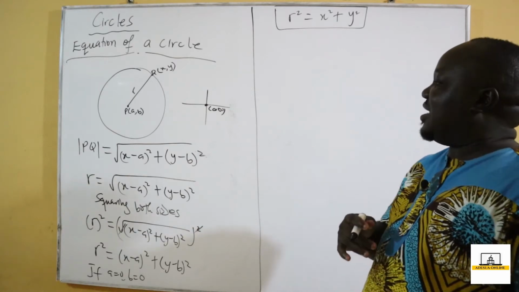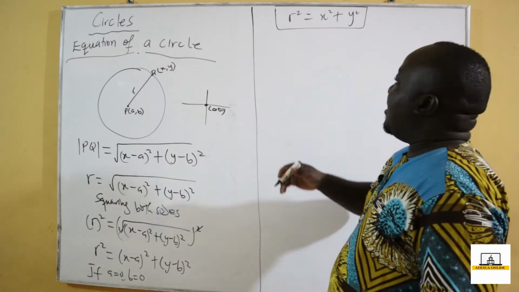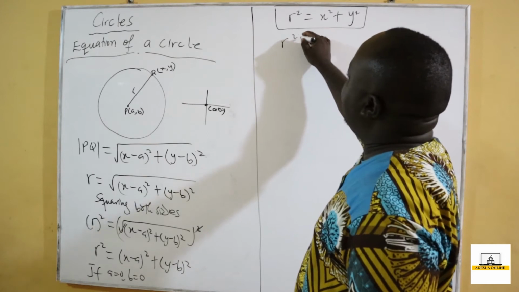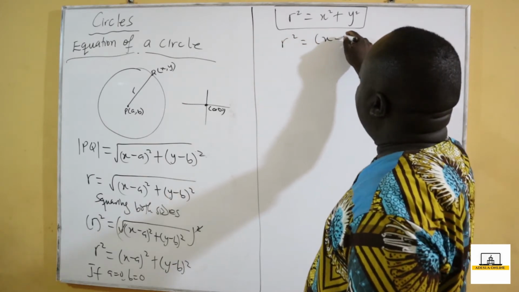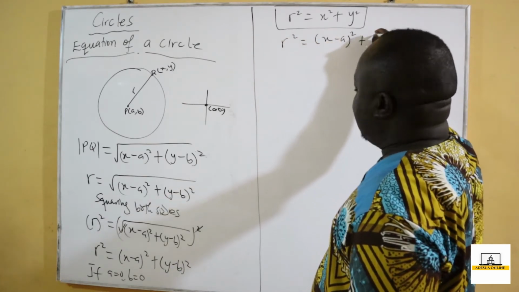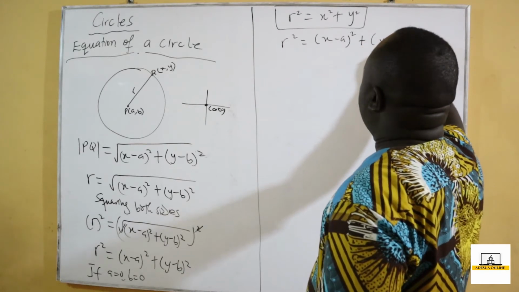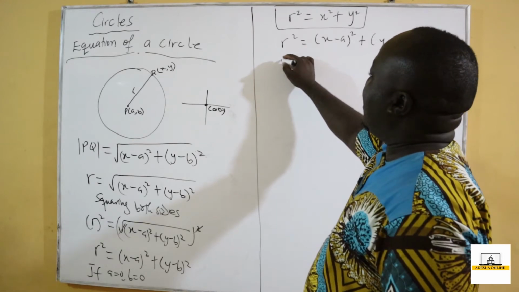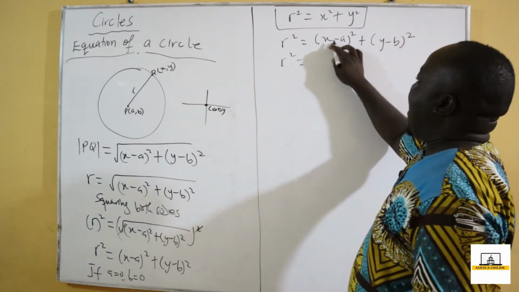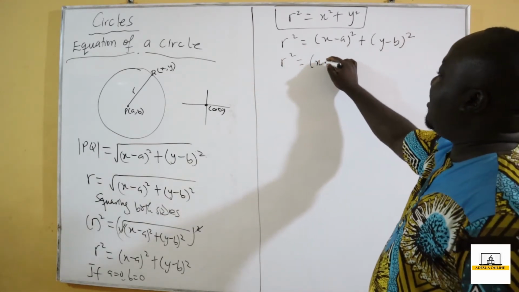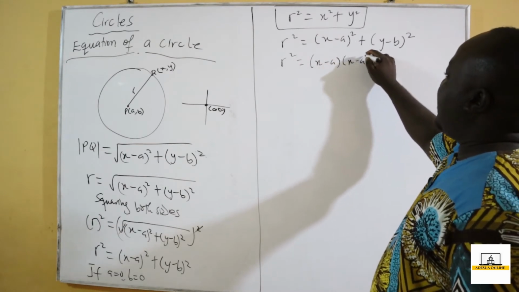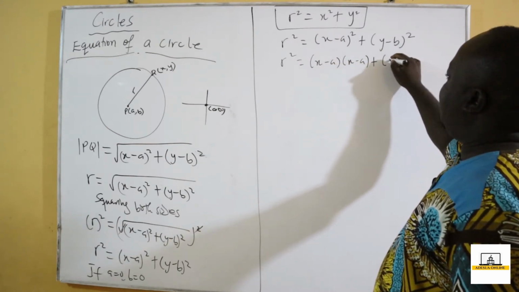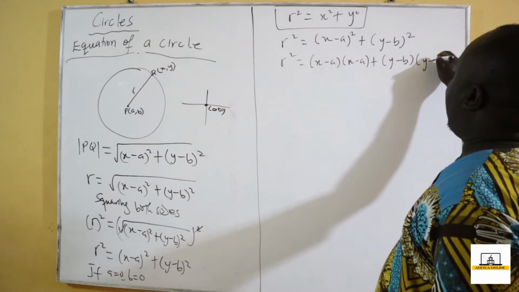Now, if the center is not the origin, then we shall have r squared equal to (x minus a) all squared plus (y minus b) all squared. If we expand, (x minus a) all squared means (x minus a)(x minus a), plus (y minus b) all squared means (y minus b)(y minus b).